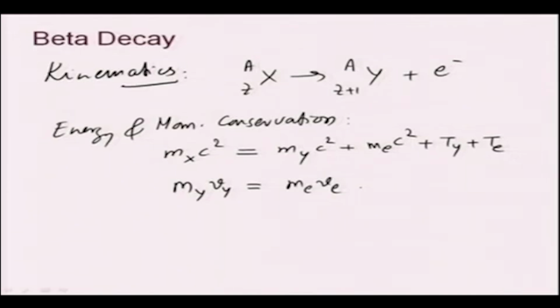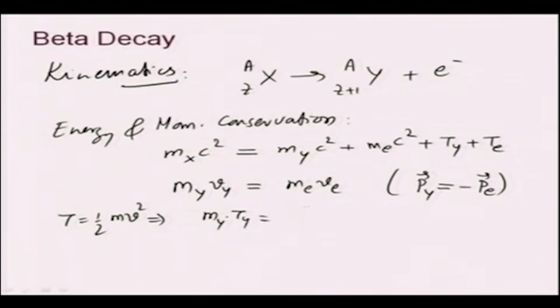Or actually you can write the vector momentum p_e is equal to minus p_y, and the magnitudes are the same. All right, and this in turn can be written in terms of the kinetic energies. T is equal to half m v square. So, m v_y square, you can square this, and then T_y m_y is equal to T_e m_e.